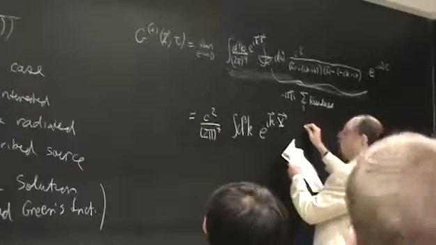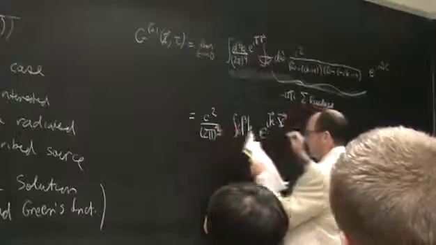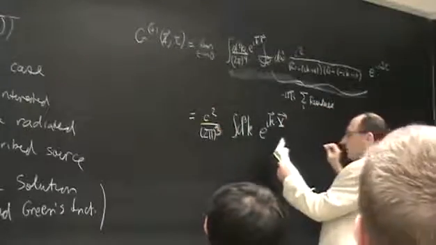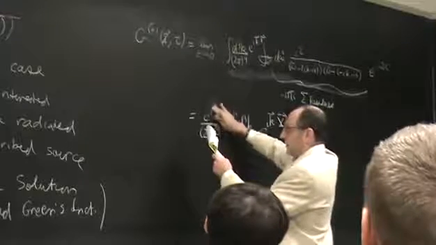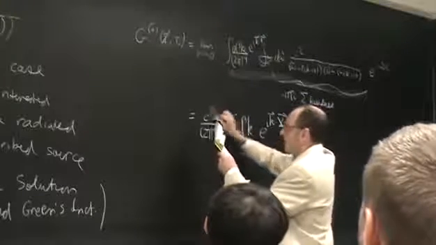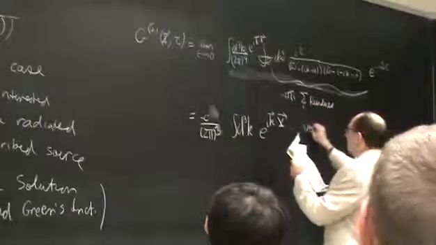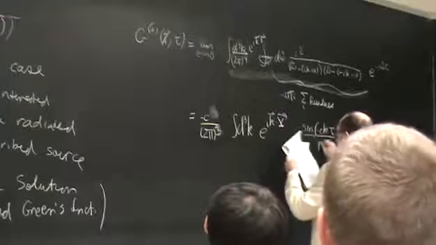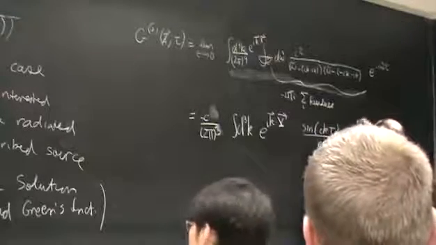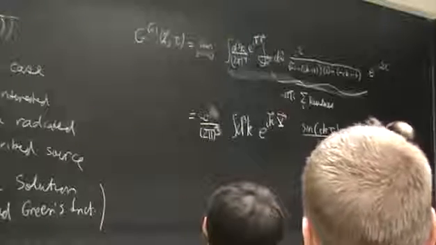I get 2 pi i c q minus sine(c k tau) over k, e^(ik·x).